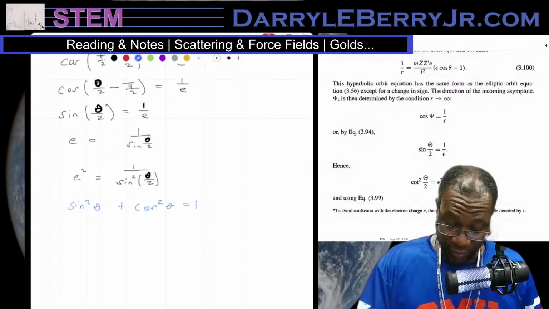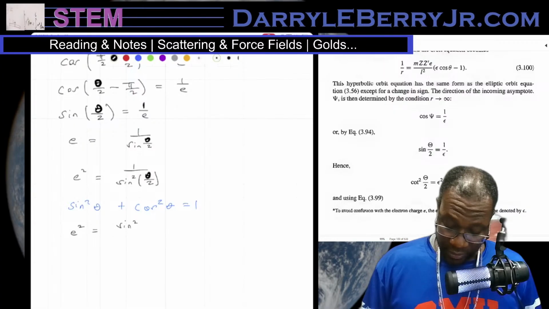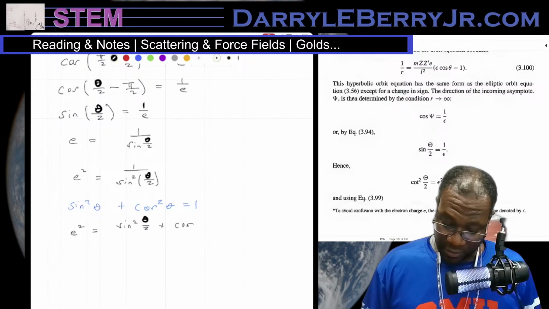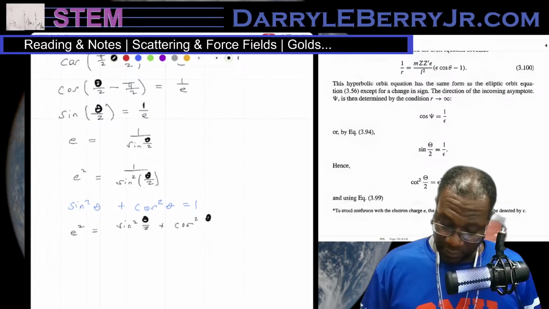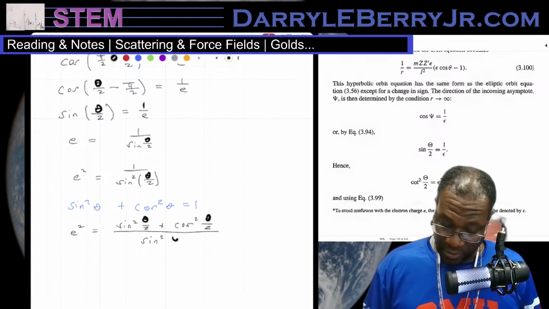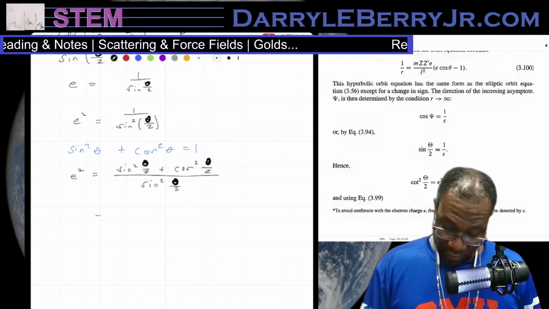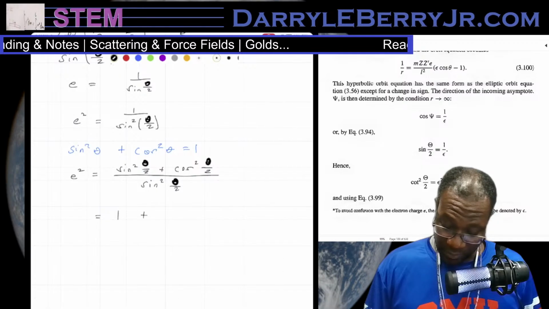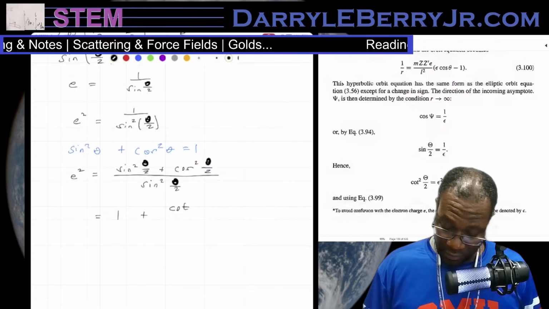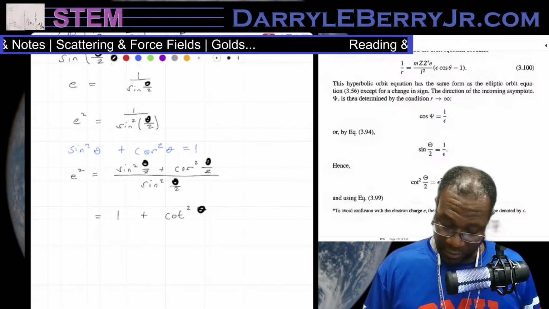So we have E squared equals sine squared big theta over 2 plus cosine squared big theta over 2, divided by sine squared big theta over 2, which means that E squared equals 1 plus cotangent squared big theta over 2.